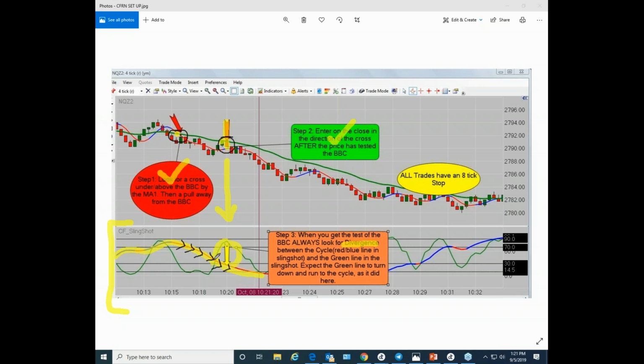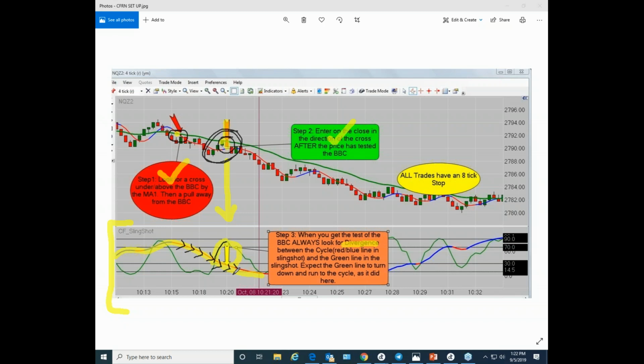Okay, now this green line is pulling away from the cycle. With the green line pulling away together with this price movement here, which is normal, right? We expect this to happen. What this is suggesting is that this is just a pullback in this ongoing downtrend. That's what it's suggesting.